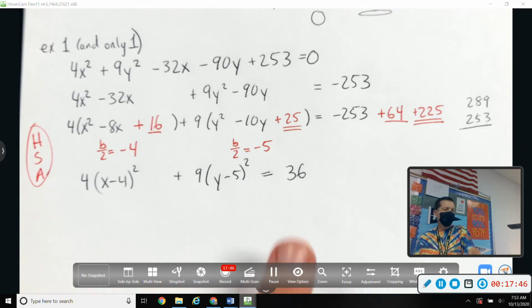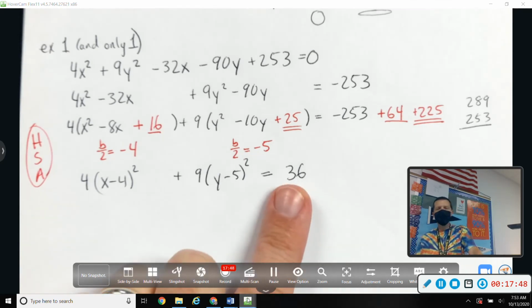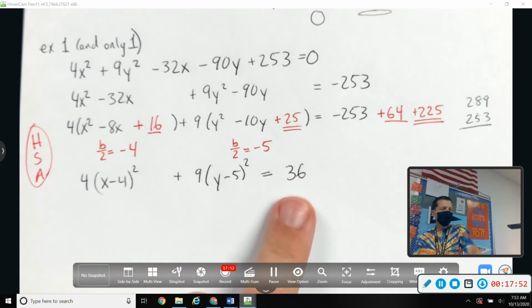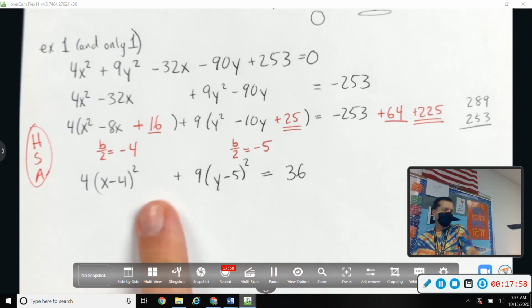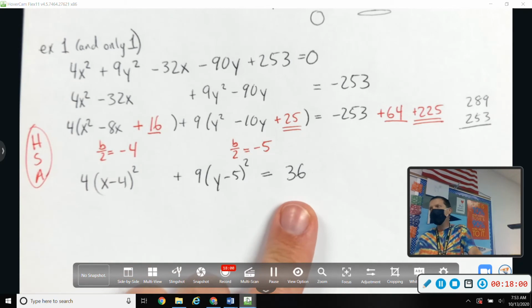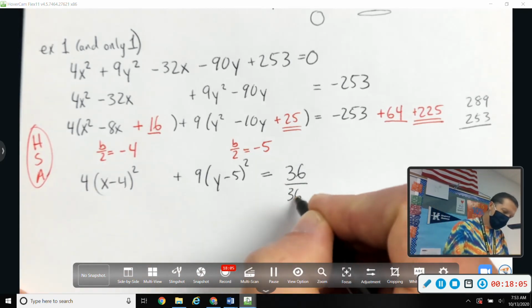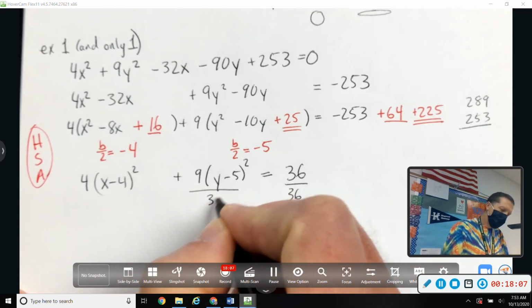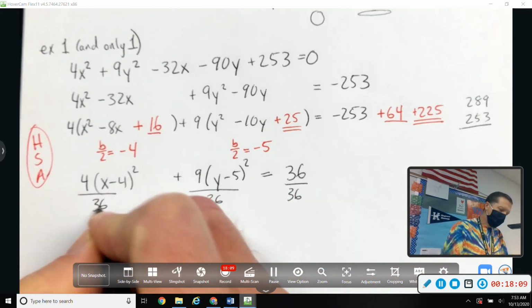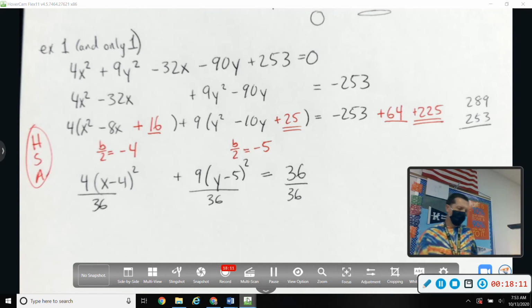What did we say always has to be on the right-hand side? 1. So what can I do to make the right-hand side equal to 1? Let's divide by 36. We'll fix the left in a minute, but on the right-hand side, if I divide by 36, I'll get 1. And then you start to realize, wait a minute, this problem is rigged.